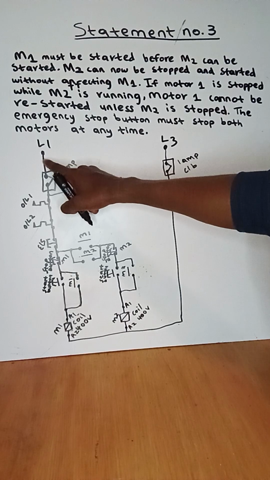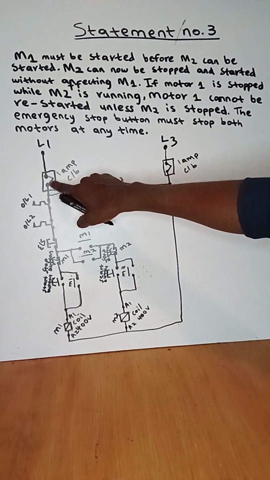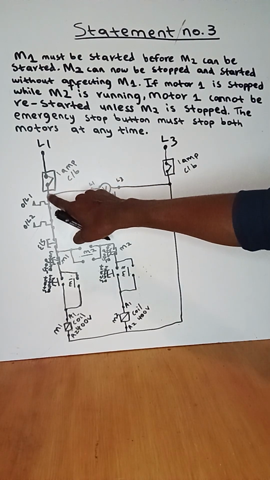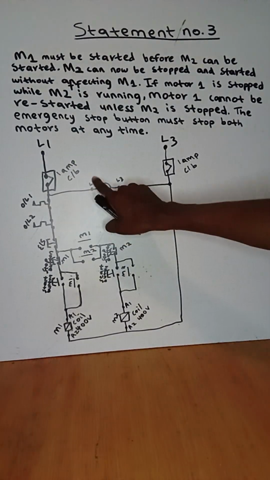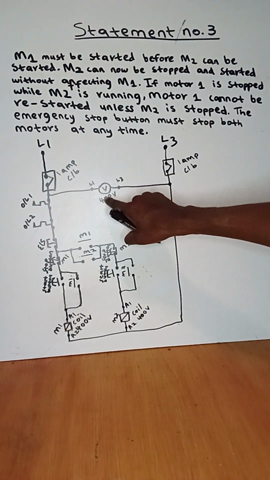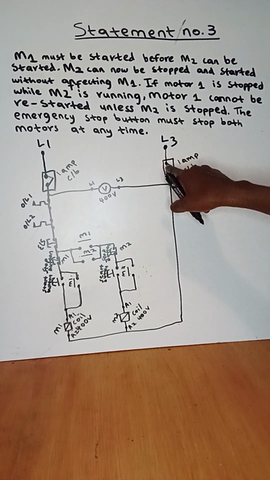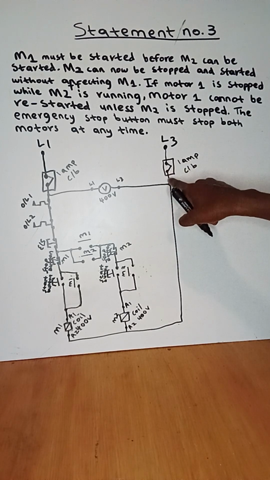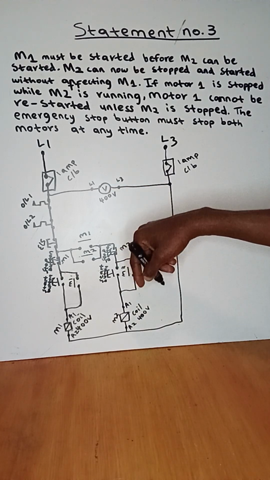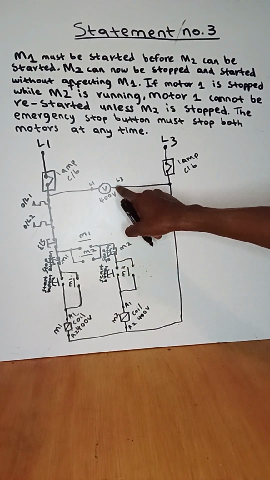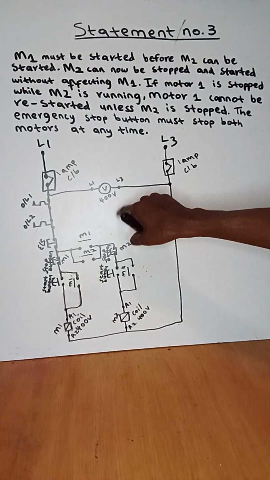So right now my current from the supply voltage will flow down and finds close contacts of 1 amp circuit breaker and flow all the way to the live 1 point from the voltage, and from live 3 it will go down and find close contact of 1 amp circuit breaker and goes down and all the way to live 3 of the voltmeter. So the reading between live 3 and live 1, it will give us 400 volts.